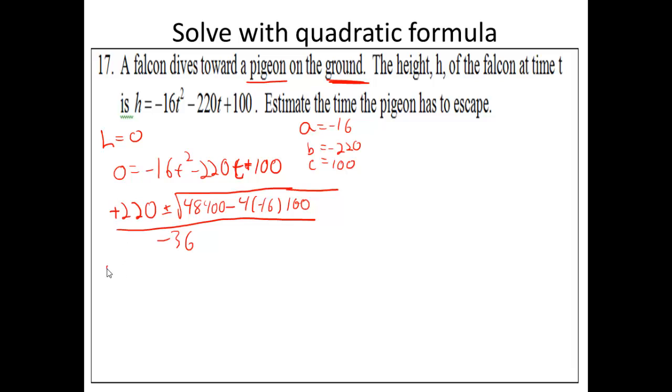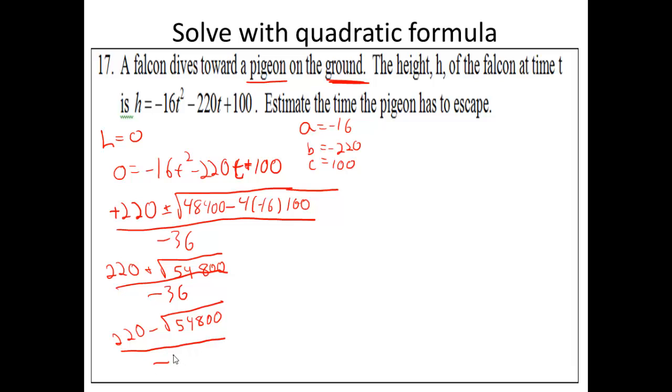So we have 220 plus the square root of 54,800 all over negative 36. And we're going to have 220 minus the square root of 54,800 all over negative 36.